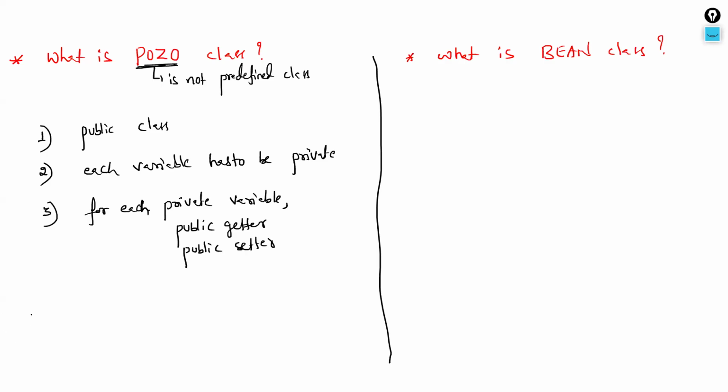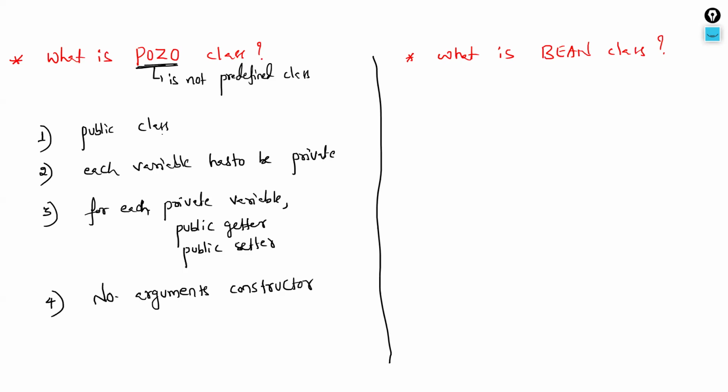Followed by a no-arguments constructor. The class should have a no-arguments constructor. A class which satisfies these properties is called a POJO class.